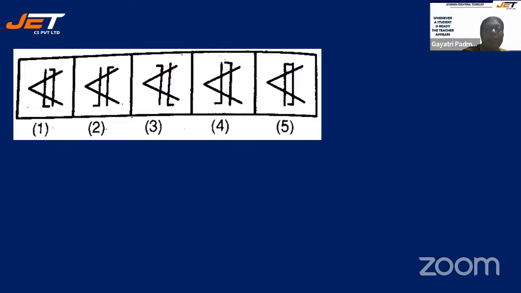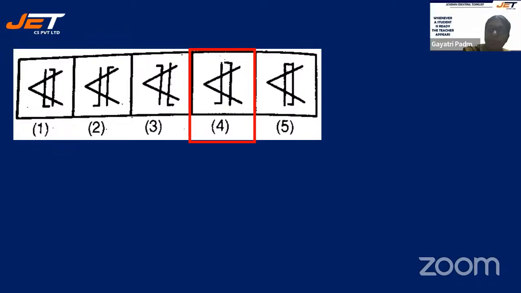Yes. All right, your time is running. Let's see. Yes, see option 4, because in all other options, one line is facing downwards, the other one is facing upward. Likewise, even the second one, third one, and also the fifth one. Isn't it?